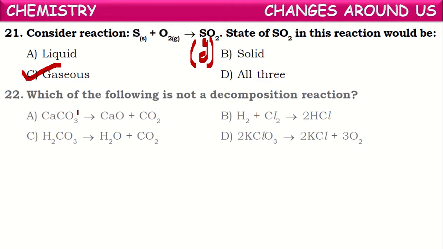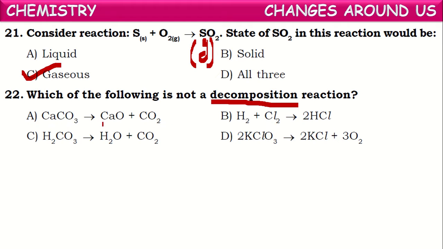Okay, next. Which of the following is not a decomposition reaction? What is meant by decomposition reaction? The chemical reaction in which a substance splits into two or more simpler substances is called decomposition reaction. If you observe the first equation given, calcium carbonate is decomposing to form calcium oxide and carbon dioxide.